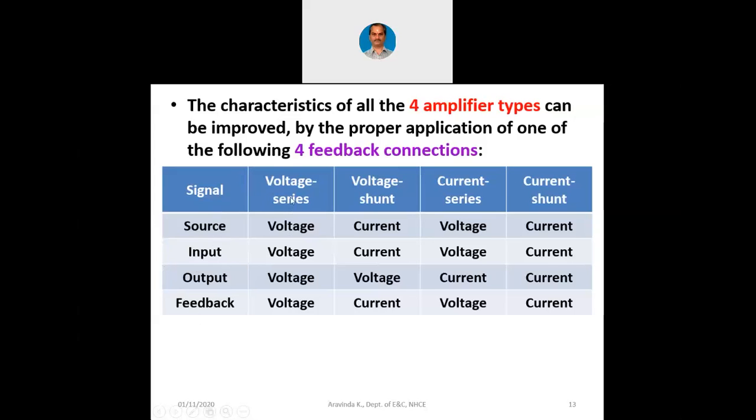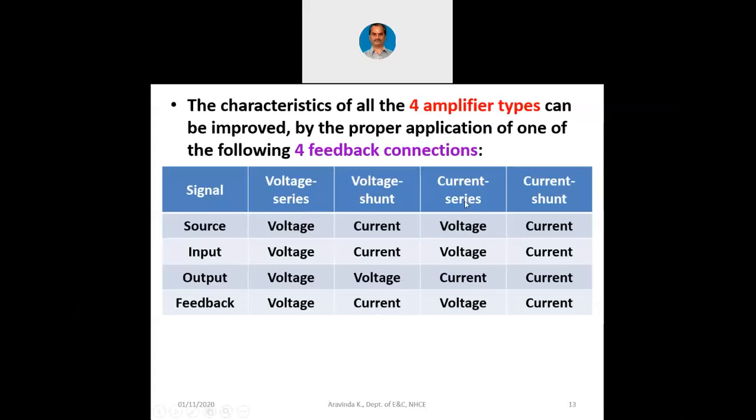Now in case of voltage series, all these four signals are voltage only. Source is also of voltage type, input is also voltage, output is also voltage, feedback is also voltage. But in case of voltage shunt, we had replaced the input with current source. So source is current, input is also current, feedback is also current, but output is voltage.